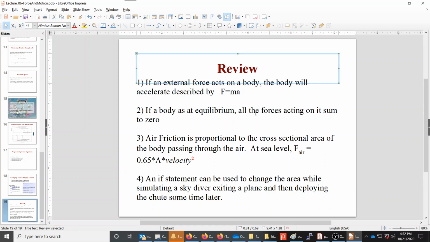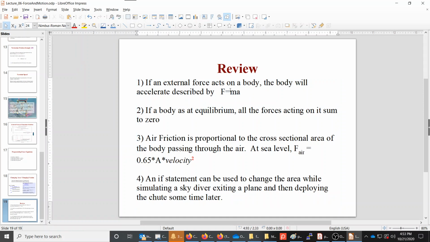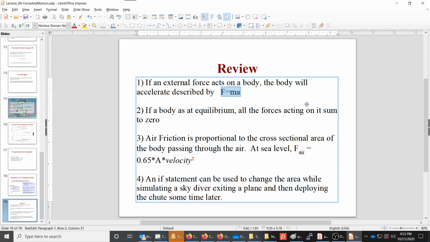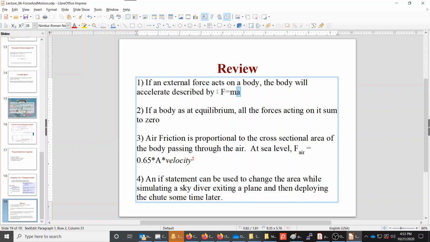So you really need to solve this in several lines. Instead of having a single line where the velocity is equal to this, you probably want to break it down and calculate what is the force due to friction, then what are the total forces, and then what's the acceleration. So the acceleration is the total forces divided by the mass.